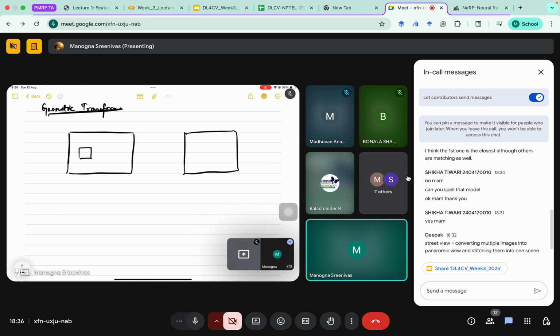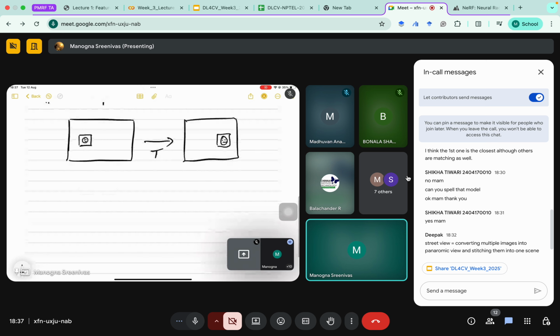Suppose this is my original image, and I apply some transform here, and then this is how it would look. So what have I done here? Okay, what I intended was to shift it slightly towards the right.